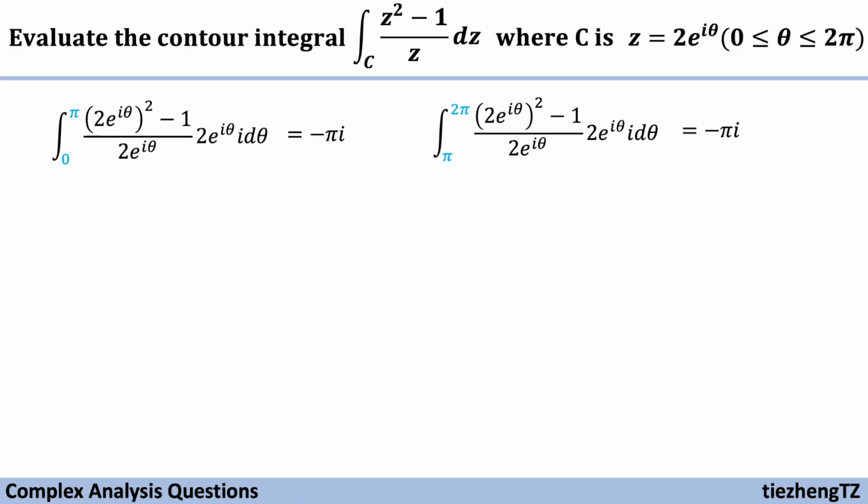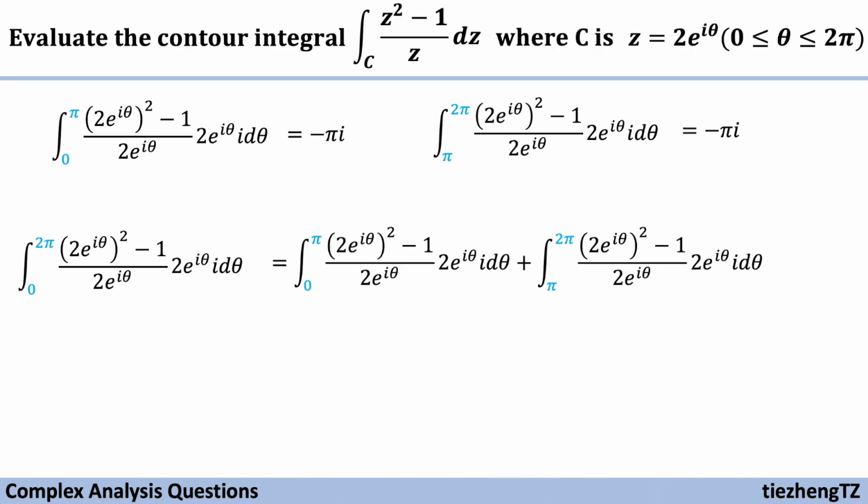So back to our question this time, the same integral function from 0 to 2 pi, we can divide it into two functions, from 0 to pi and pi to 2 pi respectively. So we just need to sum these two answers, minus pi i plus minus pi i. So we got the same answer, which is minus 2 pi i.